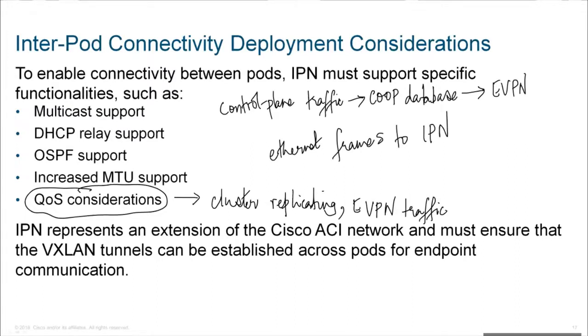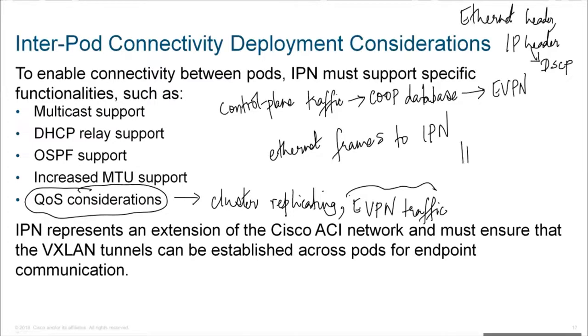Now, my EVPN traffic, my actual data traffic, they all have an Ethernet header. But they also do have an IP header. IP carries the priority diffserv code point.